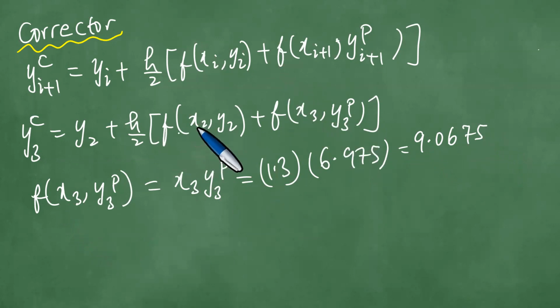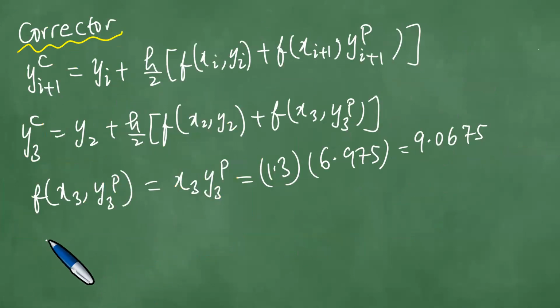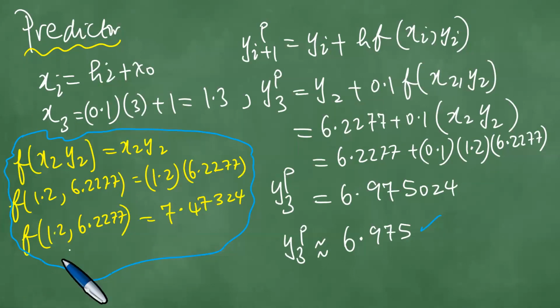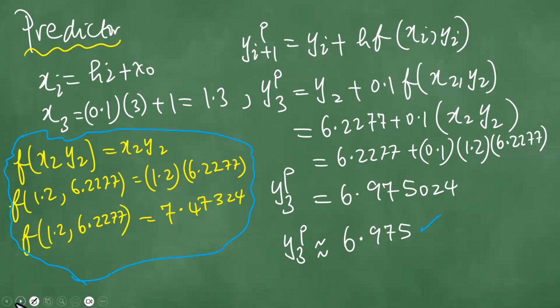And then we also need f of x2, y2, which is 7.47, then 3 to 4.